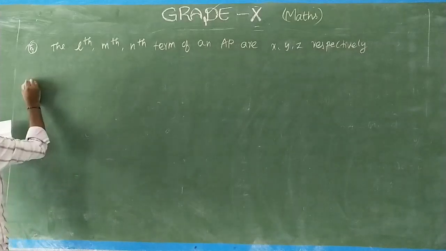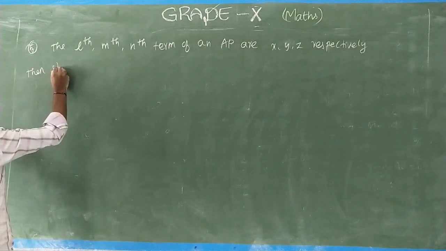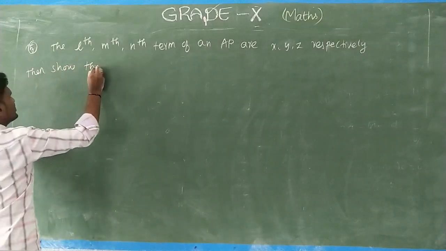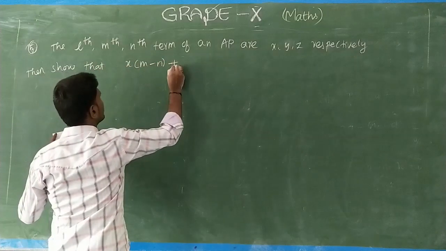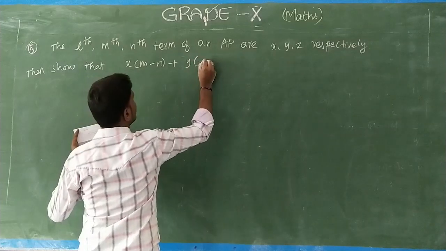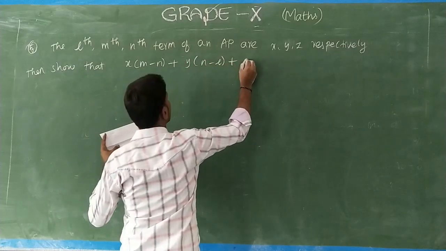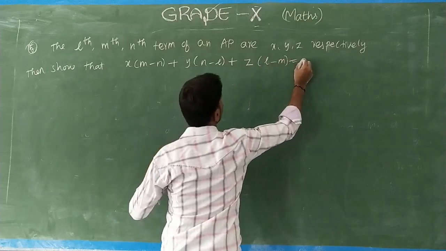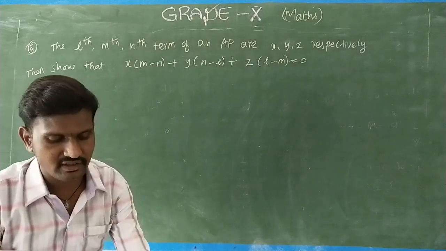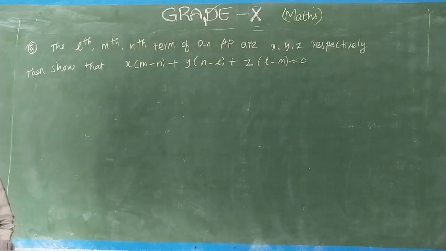Then show that x into (m minus n) plus y into (n minus l) plus z into (l minus m) is equal to 0. Yes, students. So this is your last question in arithmetic progression.